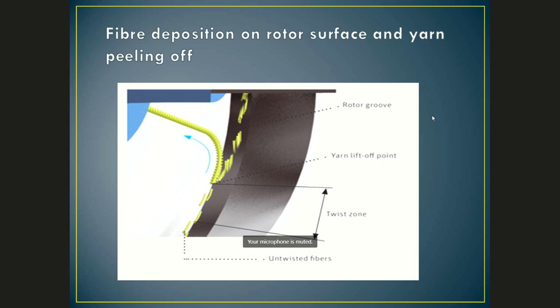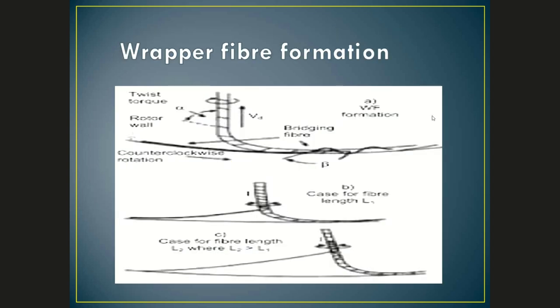So this is the point in case of the rotor that we have to keep in mind, because this is the situation I was referring to. This is my rotor surface, this is my yarn tail, and imagine that this fiber has been picked and this portion is still in the transport tube. So what is going to happen? This particular portion, as the yarn is moving forward, will just get wrapped over the yarn body, and this is the formation of what sometimes in literature you'll find called wrapper fibers, or some people call these belts.